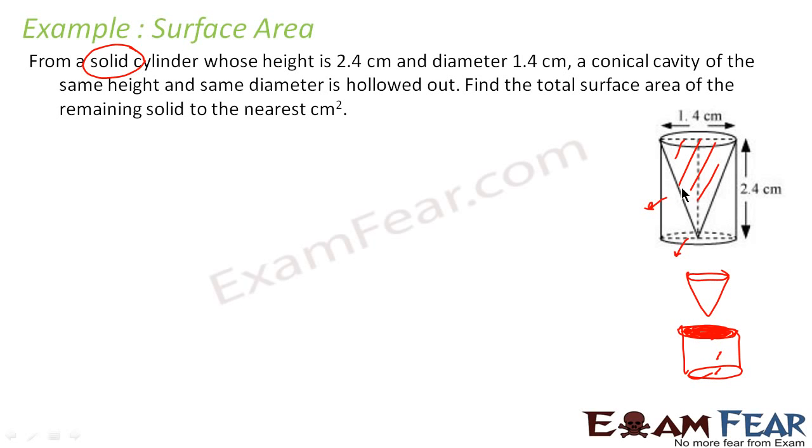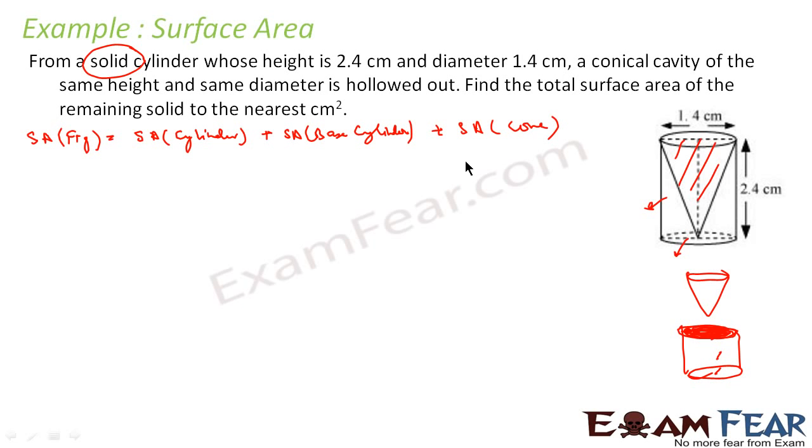So we will write here: surface area of figure is nothing but surface area of cylinder, the curved surface area, plus surface area of base of cylinder, plus surface area of cone.